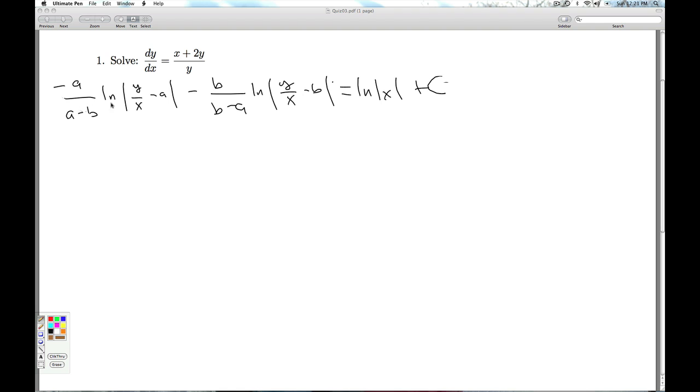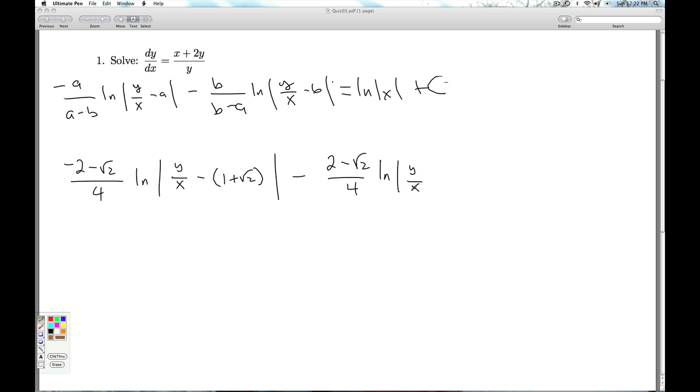Okay, now here's the differential equation again. We have figured out what these coefficients are. So minus a over a minus b worked out to be negative 2 minus square root 2 over 4, ln absolute value y over x minus a, and a once again was 1 plus square root 2, minus b over b minus a was 2 minus square root 2 over 4, the natural log absolute value y over x minus b, which is 1 minus square root 2, equals natural log absolute value of x plus c.